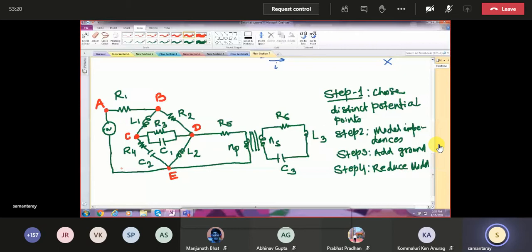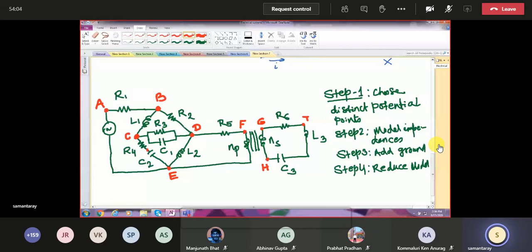Whenever it is complex, we will include that potential point. So we have another here, let's call it H. Other side, let's call G, H, and J. So almost everywhere we have put. This one I could have put between C2 and R4, but we could have. So these are our distinct potential points.